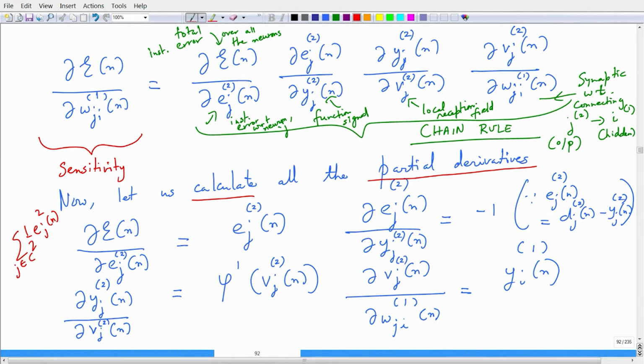This is straightforward. So, I will just erase this. You can go back to your previous slides to get these variables. Okay. So, this is done.